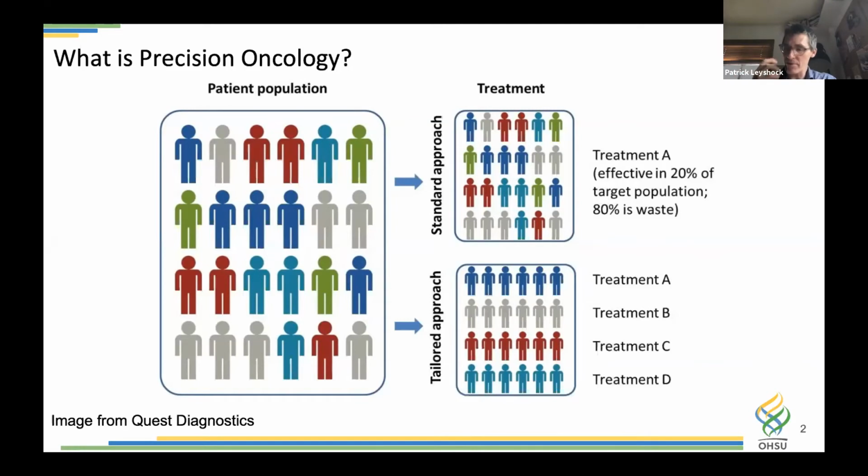So precision oncology wants to understand not liver cancer or lung cancer, but each individual disease at that fine grain level. Given that understanding, it wants to make a targeted treatment recommendation for that particular person's tumor. So that is the broad vision of precision oncology.